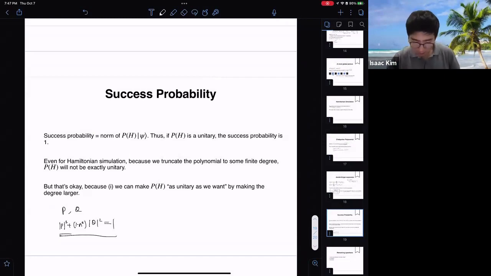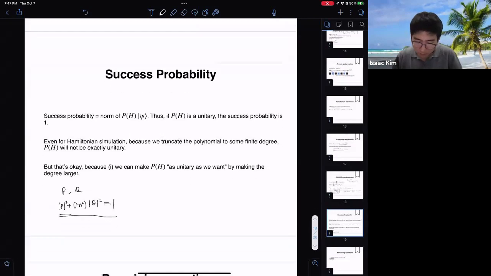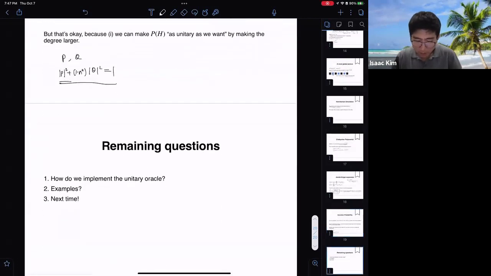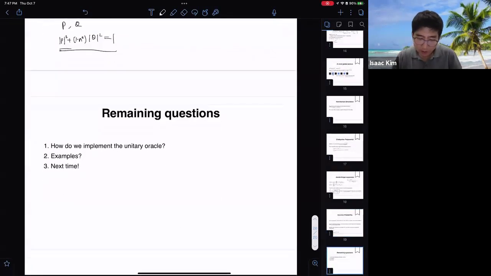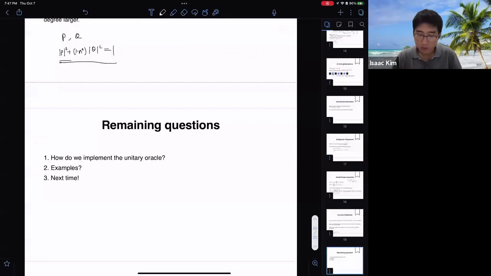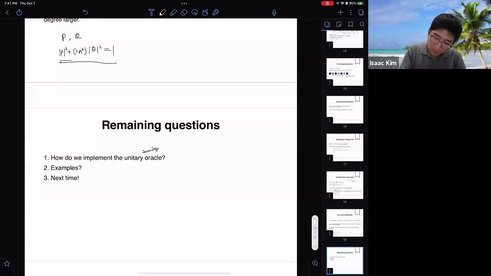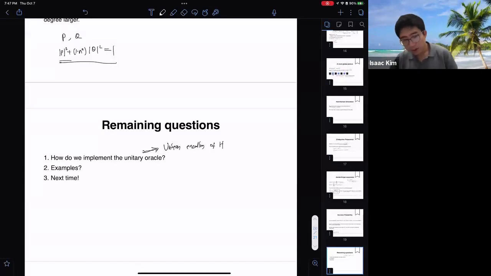Okay. Yeah. All right. So the remaining question at this point is how do we actually implement the unitary oracle? What I mean by that is the unitary encoding of H. And the related question is, are there any examples?